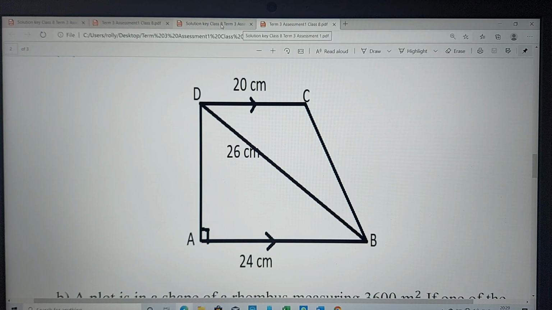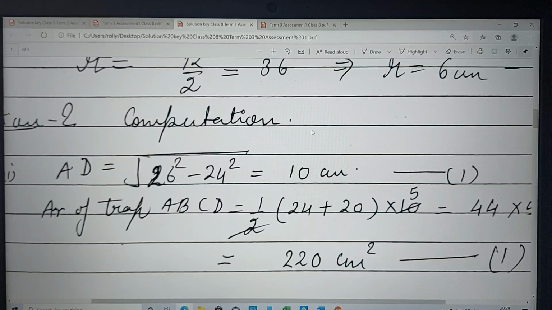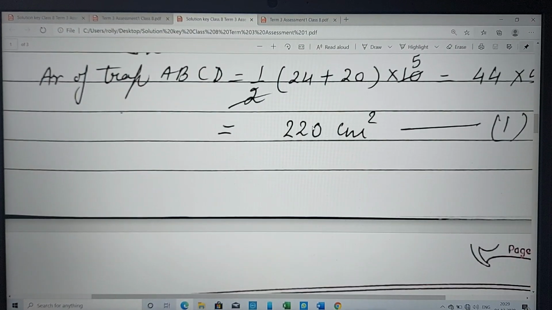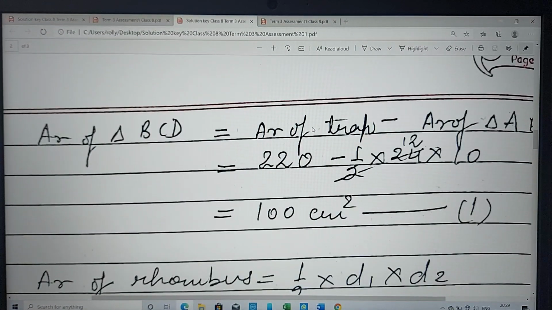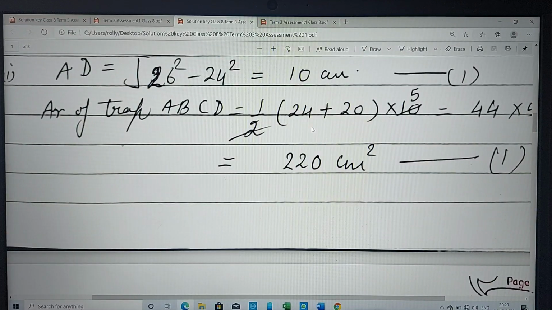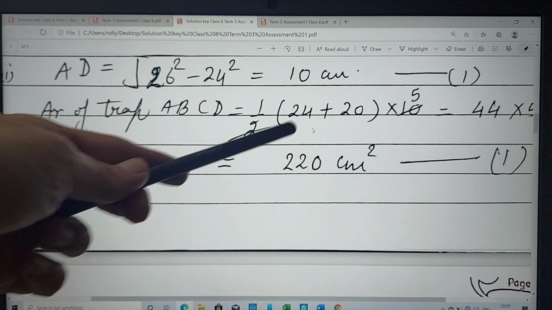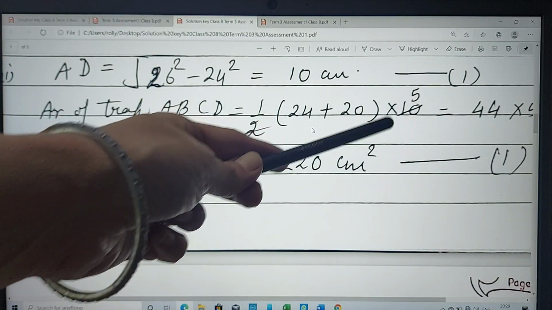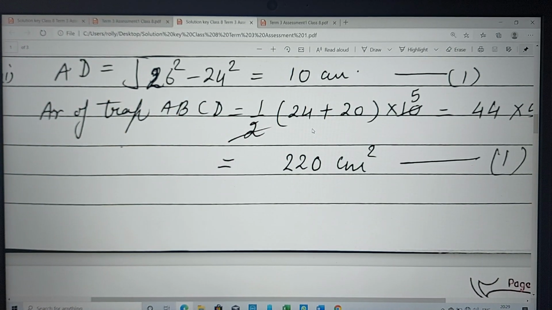Let us see. It is solved this way. Area of triangle BCD is trapezium minus area of triangle ABD. First of all, trapezium is 1 upon 2 into sum of parallel sides into distance between them, 10. So it is 220 centimeter.